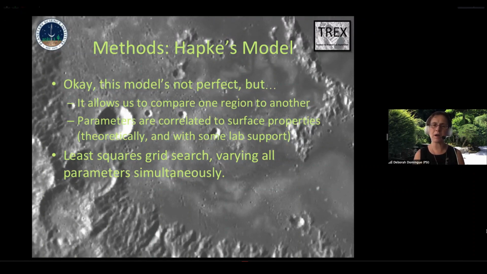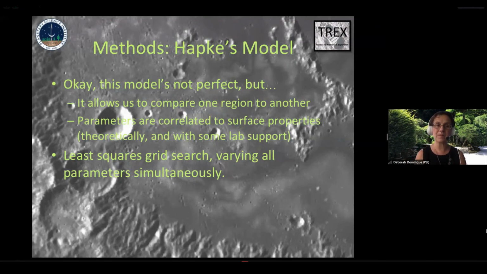This particular model is based on radiative transfer. The different components of the model are correlated to or derived from physical mechanisms, physical processes, scattering processes. So there is a theoretical correlation between the parameters and different physical properties.